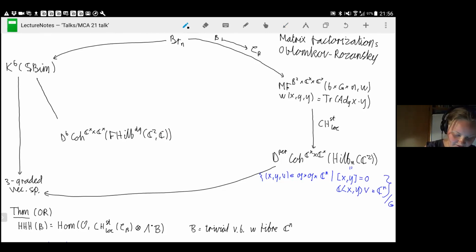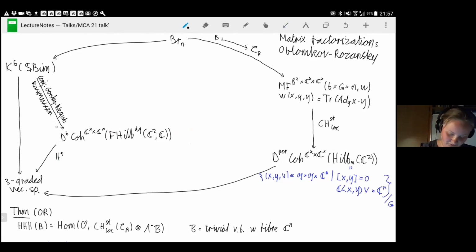The conjecture is that you have a functor from complexes of Soergel bimodules to coherent sheaves on the space, such that when you take cohomology of this sheaf, this calculates the triply graded homology.